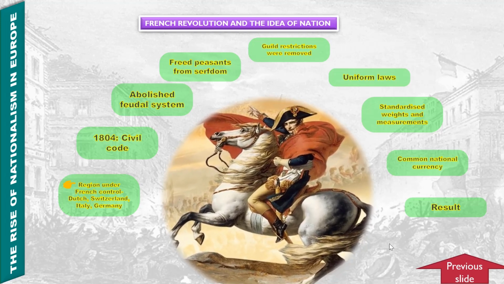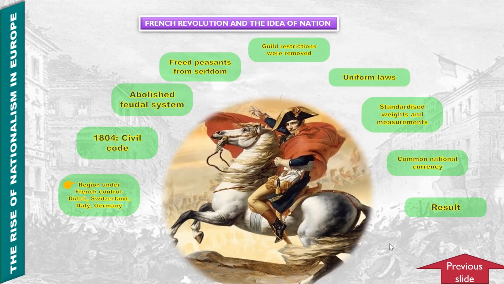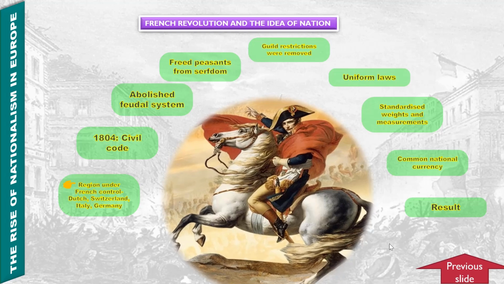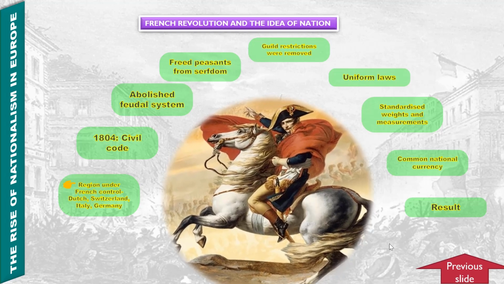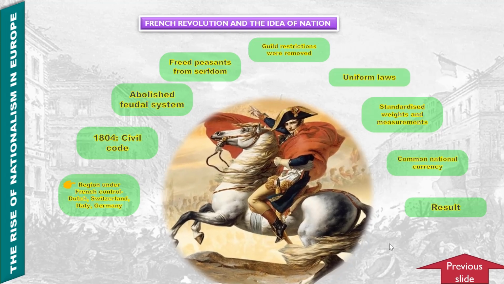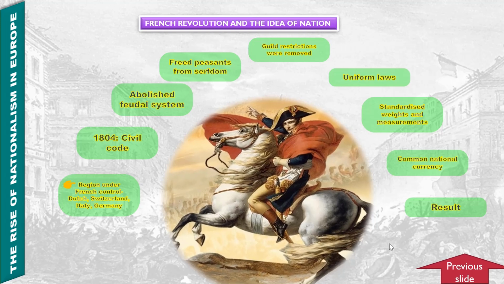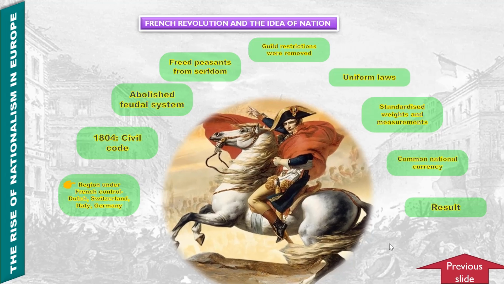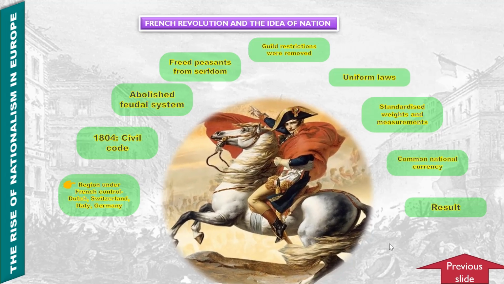But the initial enthusiasm soon turned to hostility as it became clear that the new administrative arrangements did not go hand in hand with political freedom. Increased taxation, censorship, and forced conscription into the French armies required to conquer the rest of Europe all seemed to outweigh the advantages of the administrative changes.